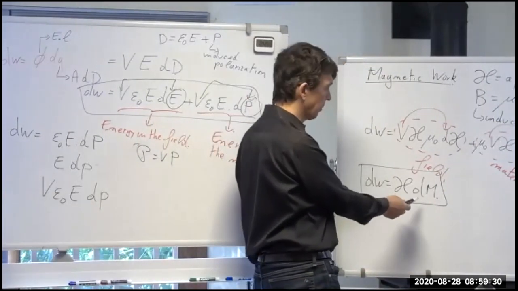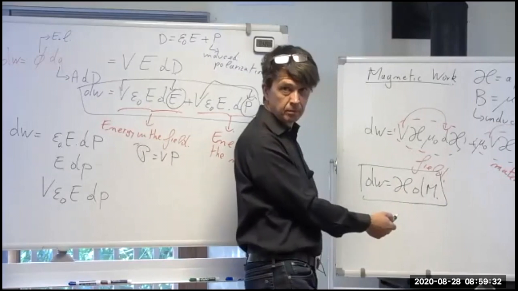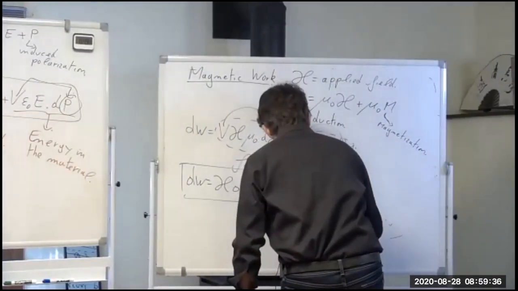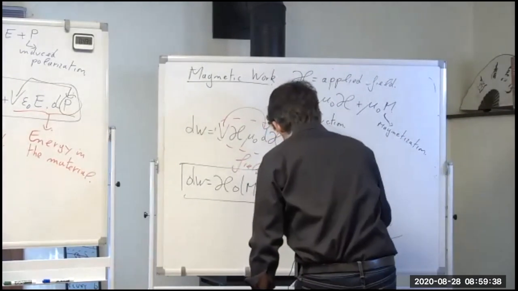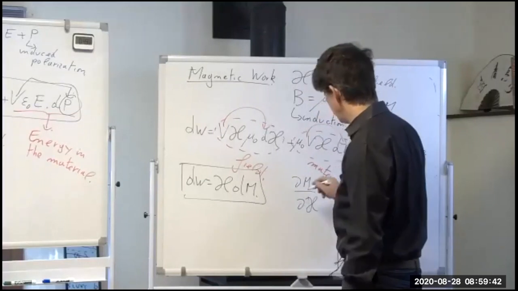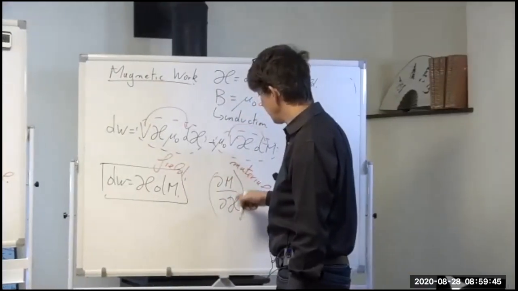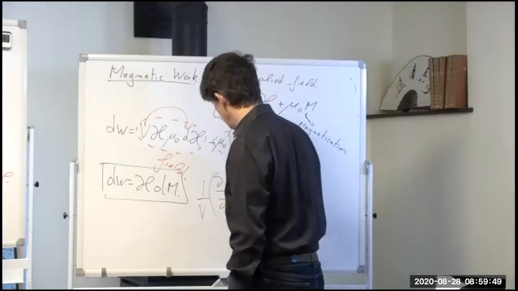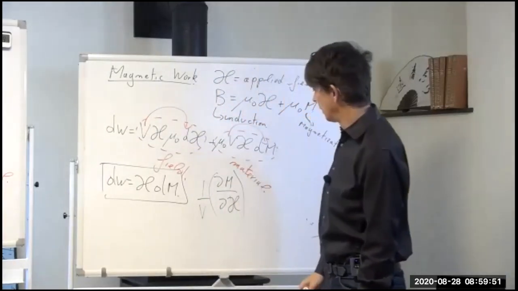It's going to be something like dm dh, normalized by volume, or depending on if these are both written as extensive, then normally this would be intensive, this would be extensive.